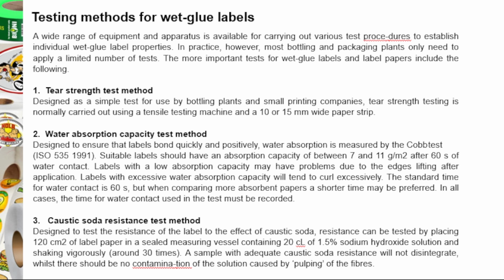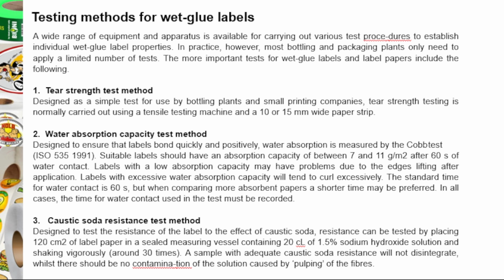Designed to ensure the labels bond quickly and positively, water absorption is measured by the Cobb test, which is ISO 535:1991. Suitable labels should have an absorption capacity of between 7 and 11 grams per square meter after 60 seconds of water contact. Labels with a low absorption capacity may have problems due to the edges lifting after application.